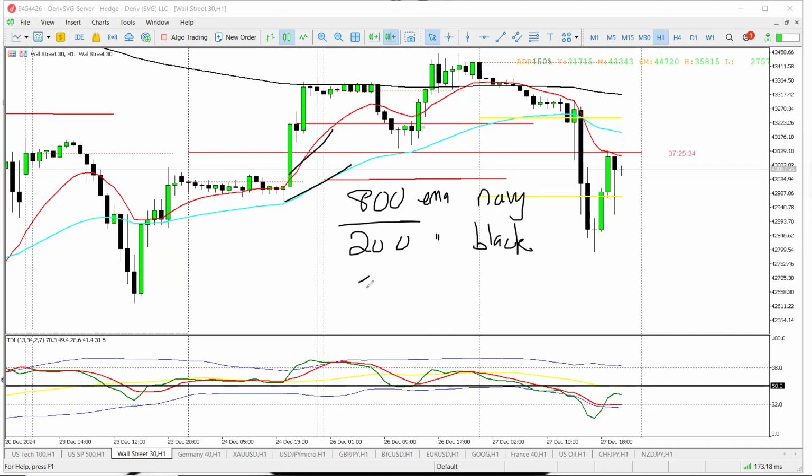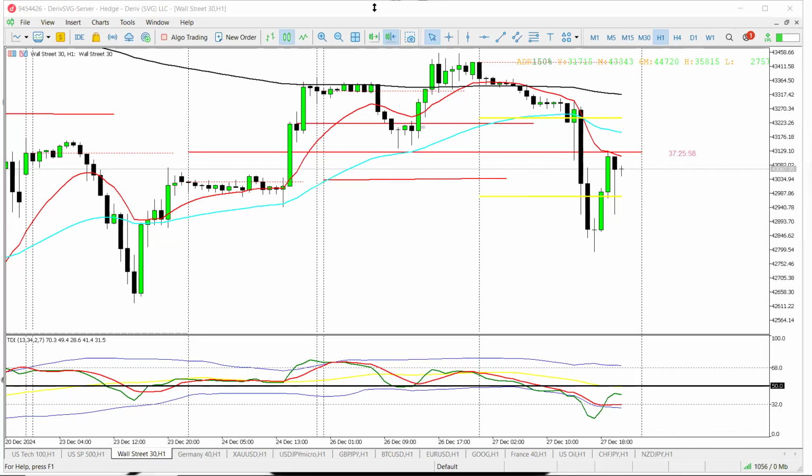I've got the 50 EMA, which is aqua. And I've got the 13 EMA, which is red. For a video which explains these moving averages, I'm not sure if I dropped it yet. If not, you guys will just have to wait a bit. I'll drop one on how these moving averages work.